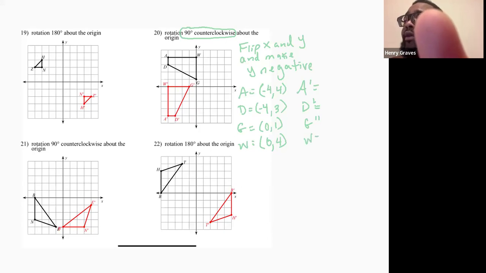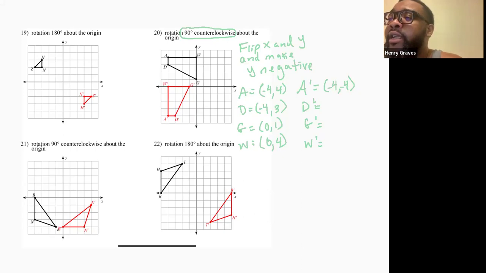So I'm gonna flip A, 4, 4. But my new A is gonna have the X negative, because remember, I flipped them, so it's 4, 4, but I have to make my new X negative: -4, 4.